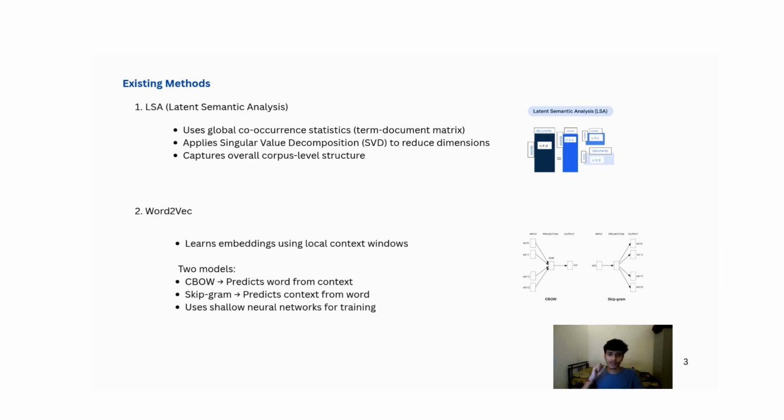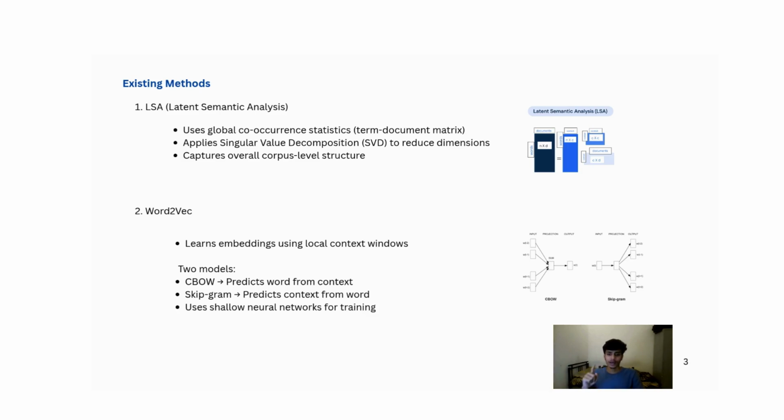The third one is that it should be computationally efficient and scalable to large datasets. However, existing methods fail to achieve all of this together. One-hot encoding fails completely in capturing meaning, and word2vec captures local relationships but misses global structure.